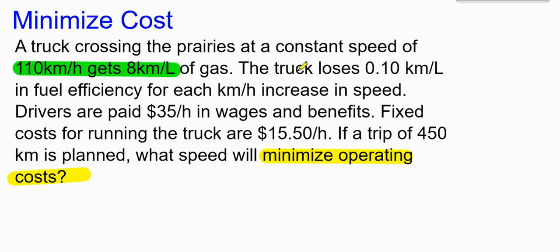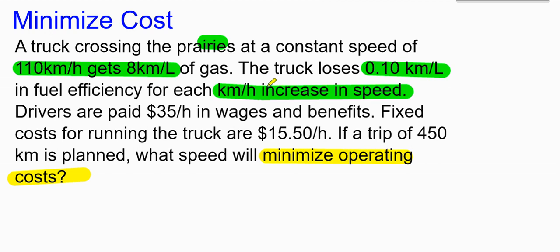But if we increase the speed, the truck loses 0.1 kilometer per liter in fuel efficiency for every 1 kilometer per hour increase in speed. So we have a fuel efficiency right now if we go 110 kilometers per hour, but if we change that, then we can hopefully increase fuel efficiency, use less gas, and therefore reduce the price.